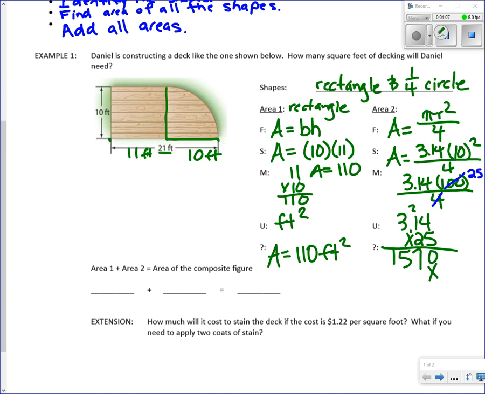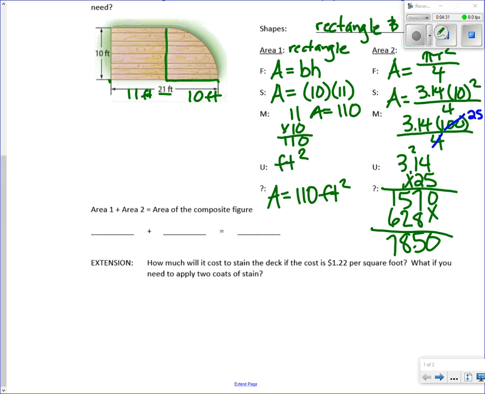Now I'm multiplying by my 2: 2 times 4 is 8, 2 times 1 is 2, 2 times 3 is 6. Okay, don't forget your decimal. I have 2 decimal places up there, so I need to put my decimal up there. Hopefully you can write smaller on your paper.